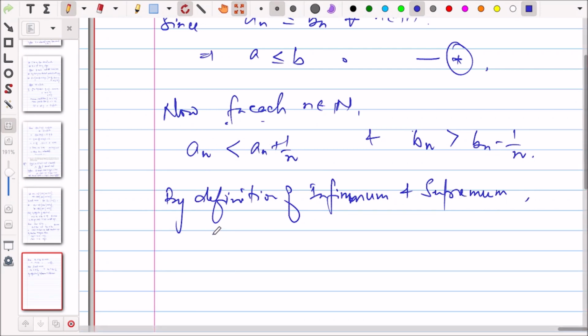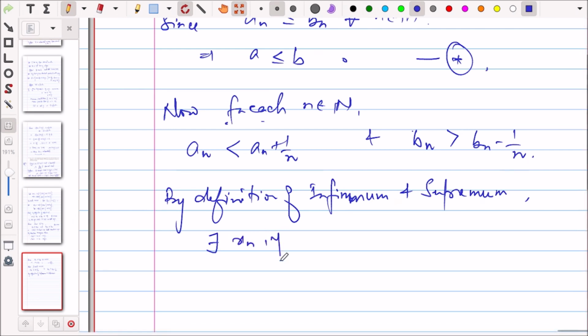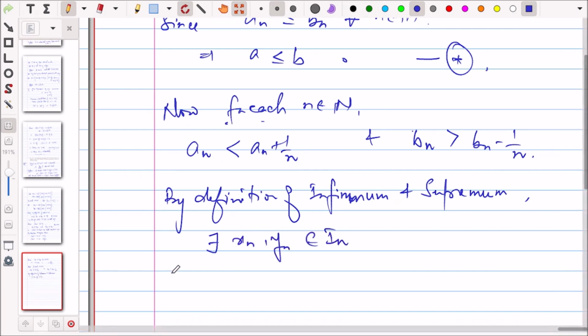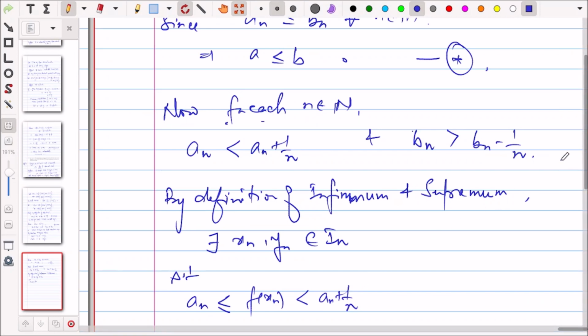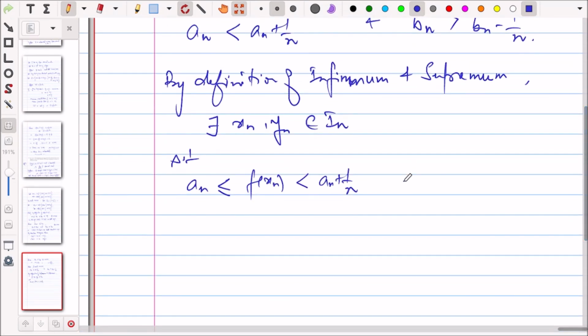By definition of infimum and supremum, there exists xn, yn belonging to In such that an is less than equal to f of xn, which is less than equal to an plus 1 by n, right? And bn is greater than equal to f of yn, and this is greater than bn minus 1 by n, because this is not supremum, so something will be bigger than this, and this is not infimum, so something will be smaller than this, right?